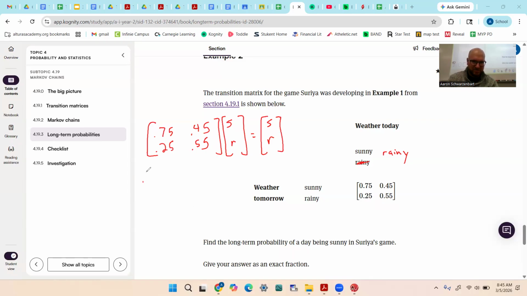So when I subtract them over, I get the following equations.